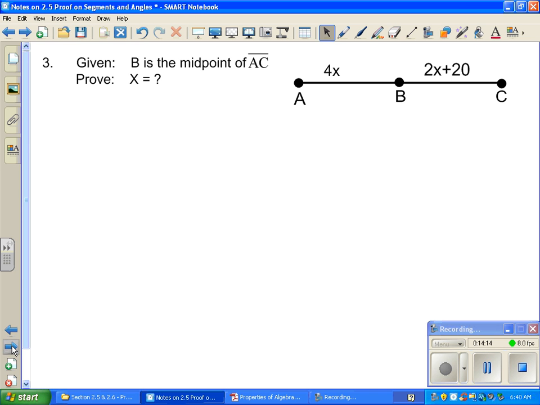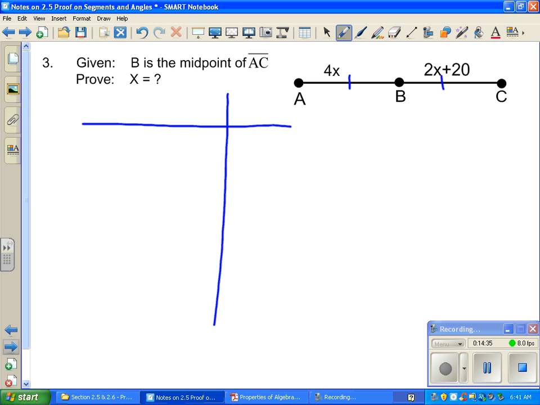And in this is where we're going to look at midpoint. We know midpoint means it's in the middle. So we know that when we want to set this problem up, that this segment is equal to this segment, that AB is equal to BC. So we'll start off with our same thought as we did before.